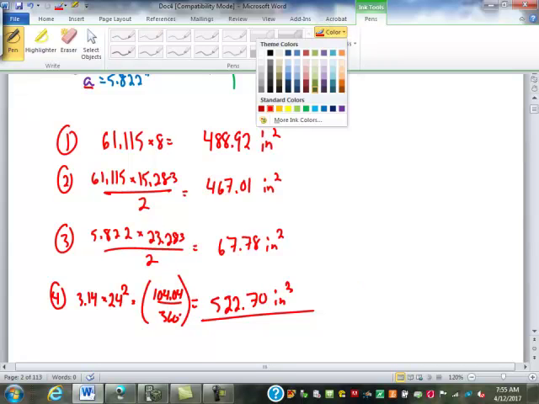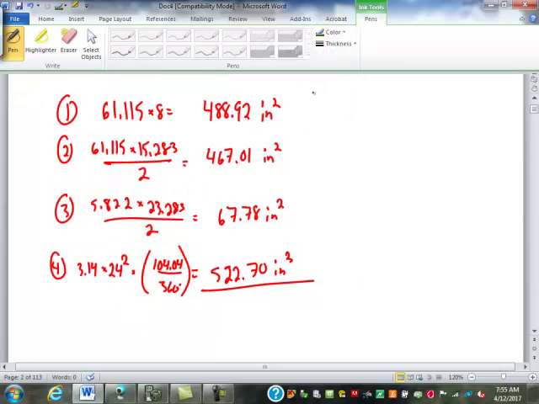So our total area we find by adding that all up. 1,546.41 square inches is the total area.